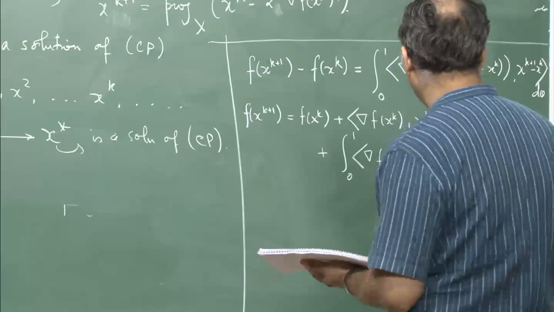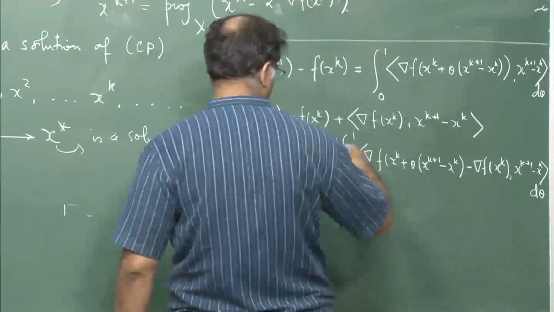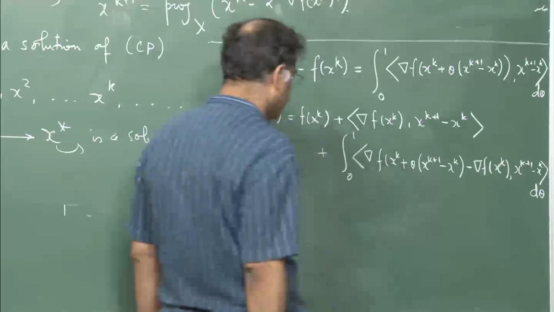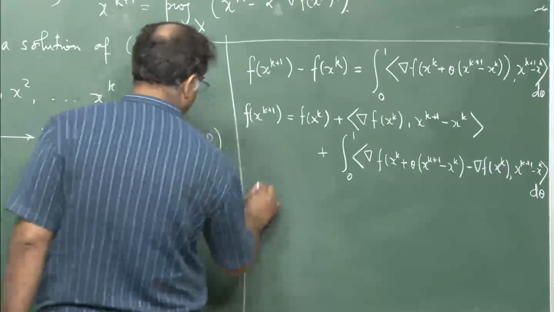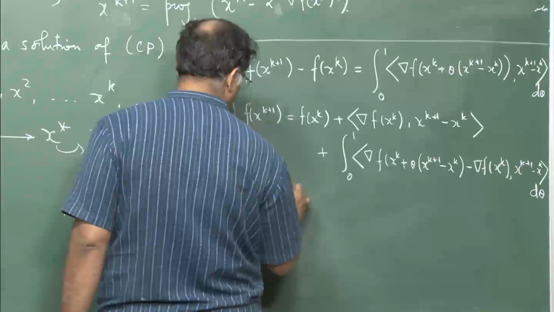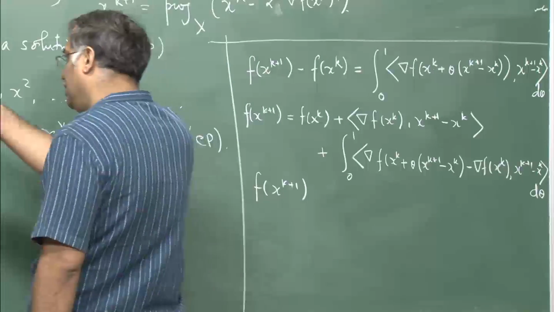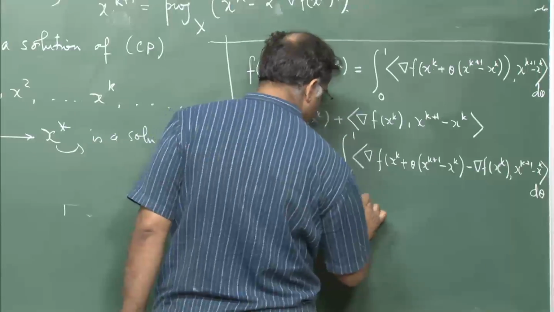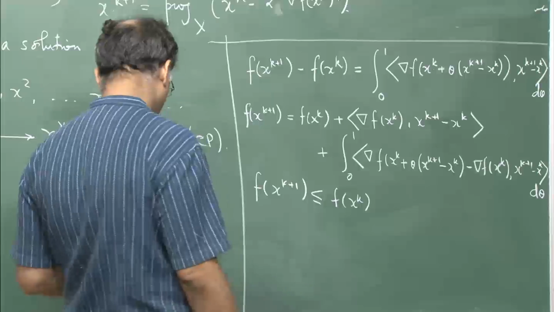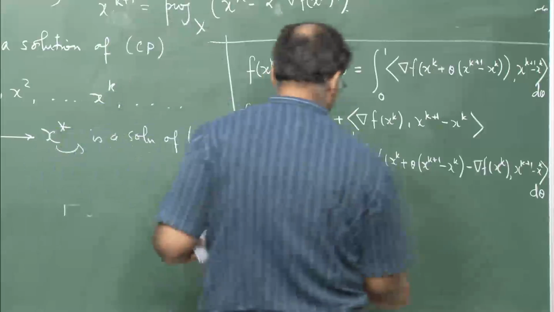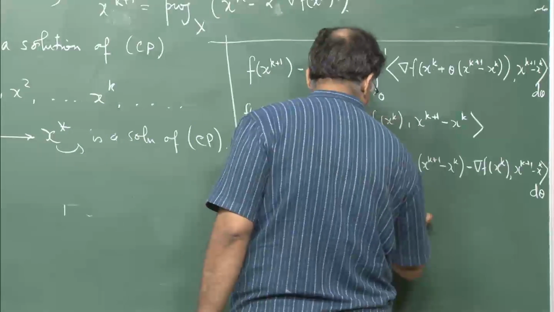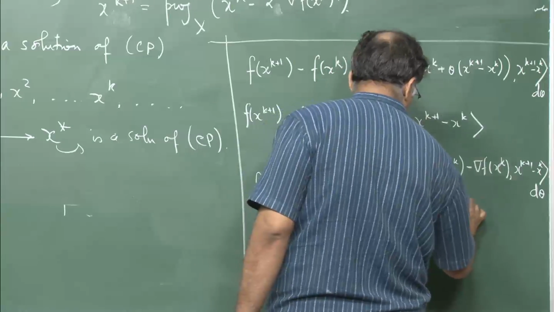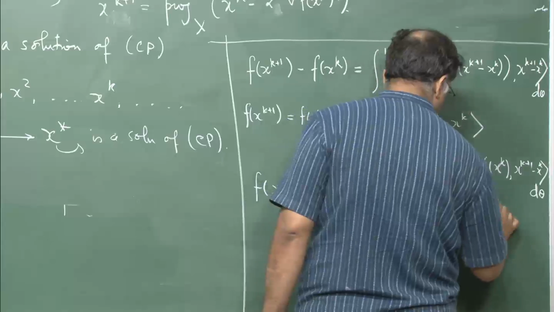Now, once you write this down, I can write this as less than or equal to the norm of this, which is Cauchy-Schwarz. Finally, I can use the Lipschitz property, which is up there, to write that this is less than f(x_k) plus m times the integral from 0 to 1 of theta times the norm of x_{k+1} minus x_k.